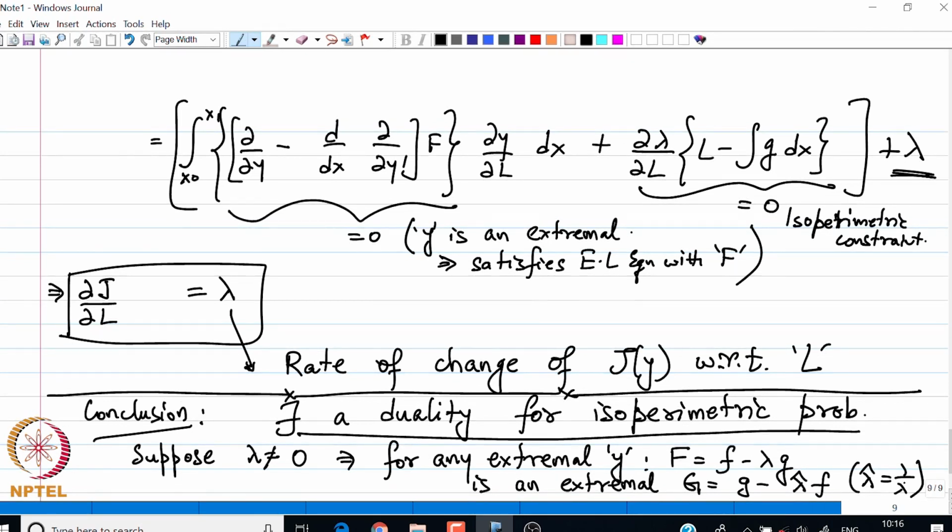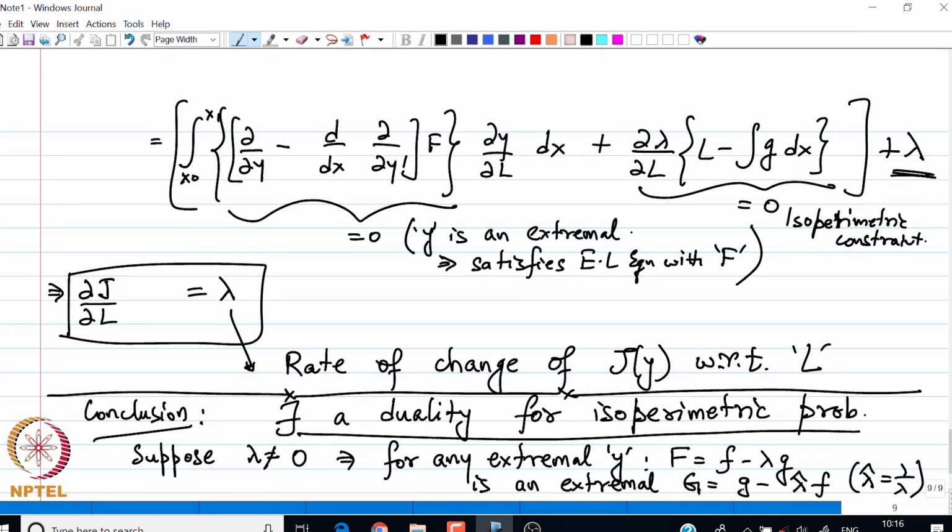This means that the same Euler-Lagrange equation holds for the extremal y with the function f or with the function g, with the roles of lambda reversed. Instead of lambda, now we have 1 by lambda for the other situation.